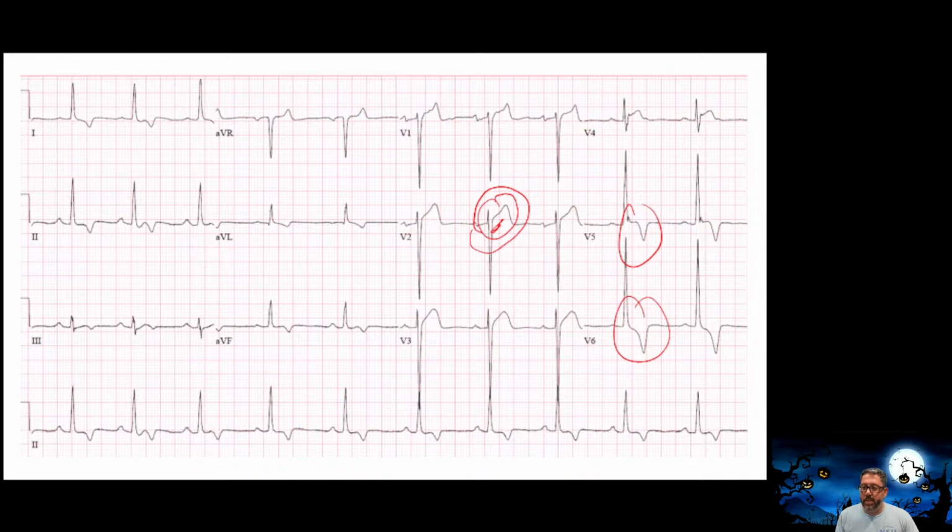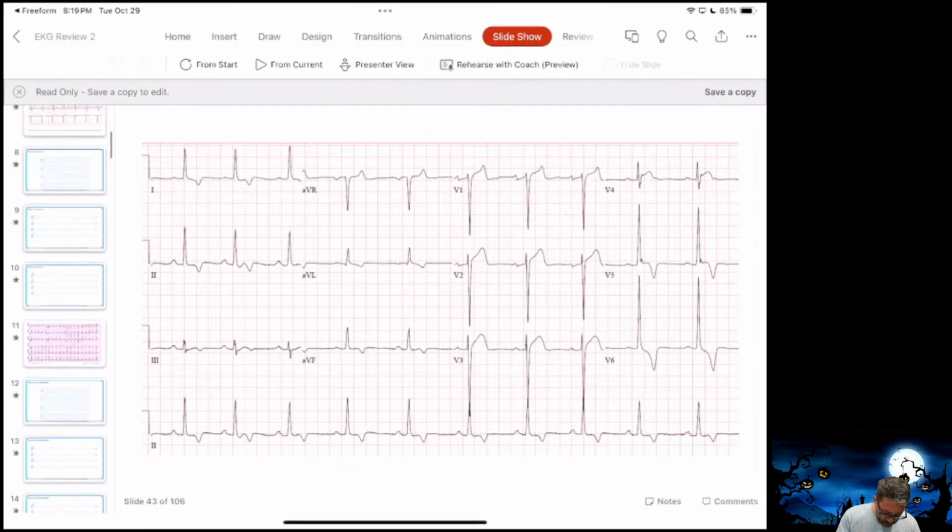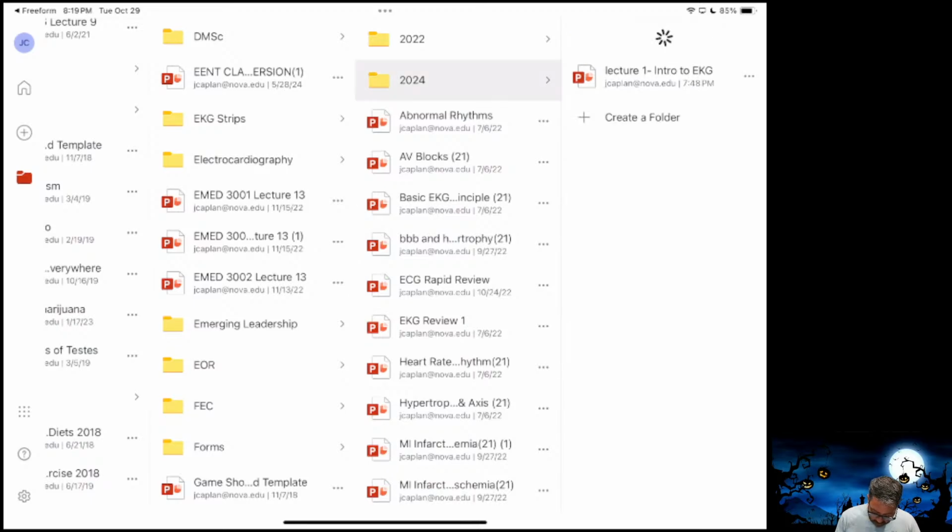Okay, so in the slide it says the cause for right axis deviation is LVH. Let me go to my stuff. Well, look at what they say.